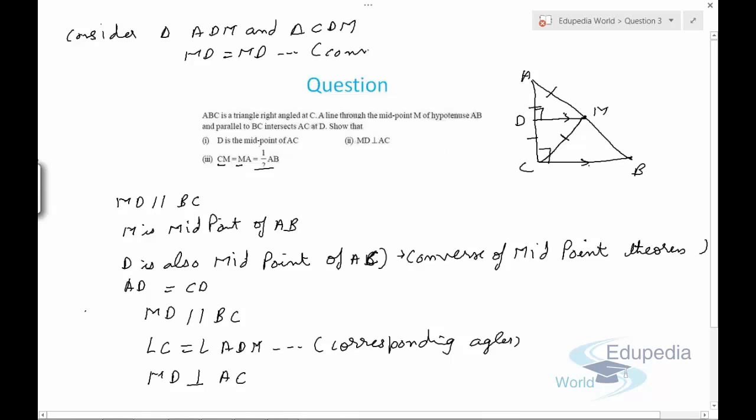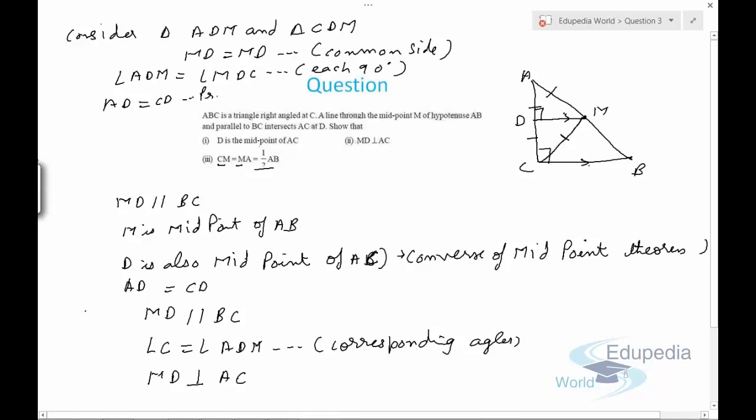It's a common side, right? And angle ADM equals angle MDC, each 90 degrees. And we can also say that AD equals CD.